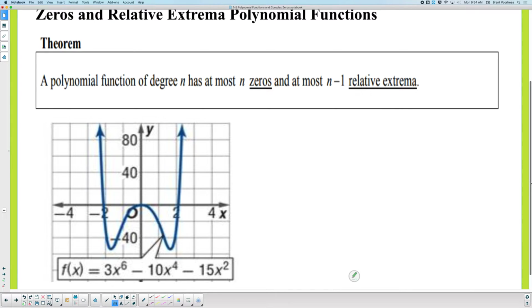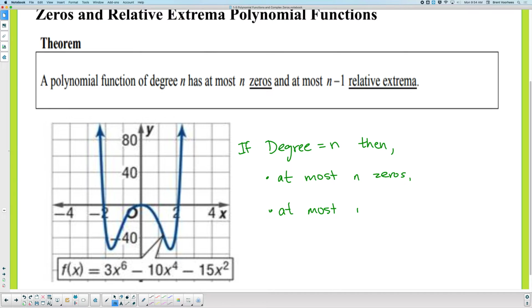And again, if you want to write this in your notes, what this is saying is, if the degree of the function equals n, then at most n zeros, at most n minus 1 extrema.